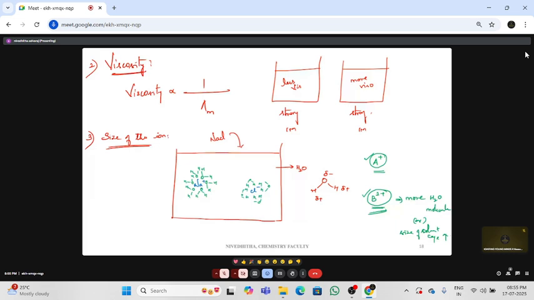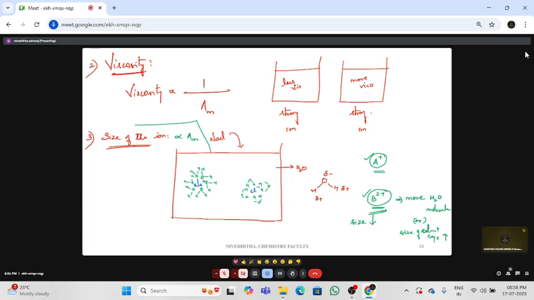And also among this A plus and B2 plus, this B2 plus has lesser size. Though the actual size of this cation is lesser, the size of the solvent cage is huge, so it cannot move properly. So according to this solvent cage perspective, you have to understand that the size of the ion is directly proportional to the ionic mobility, and it is directly proportional to the molar conductivity.